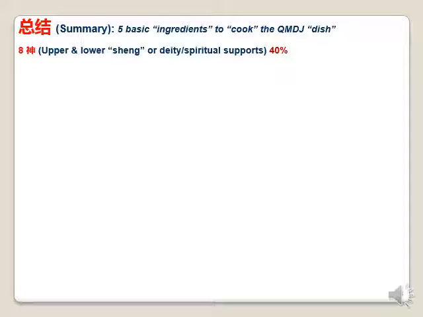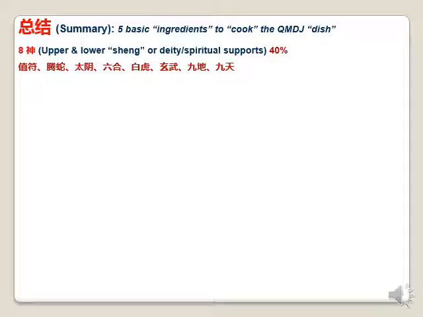Because there's a Chinese term in 奇门遁甲 studies called 急从神缓从门. That means if you want an urgent answer, you look at these deity supports, which constitute about 40% of the influence of the event you want to forecast.